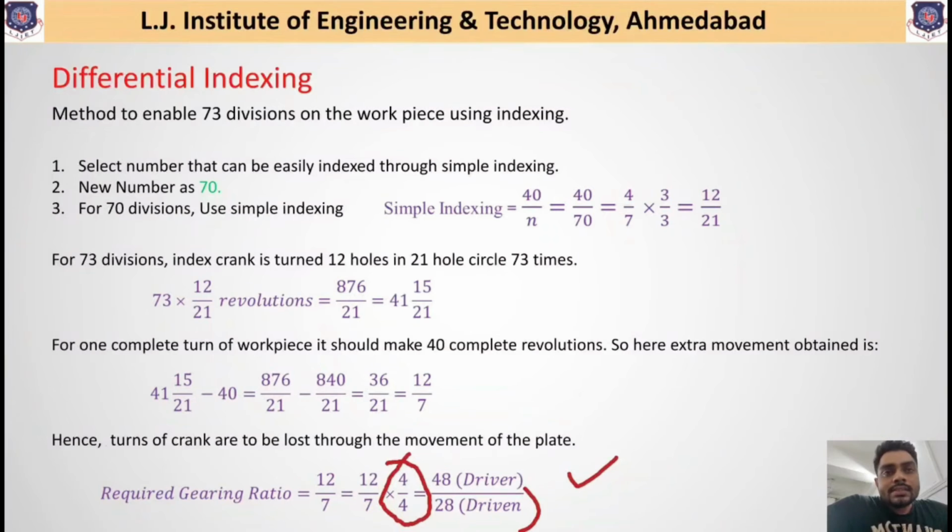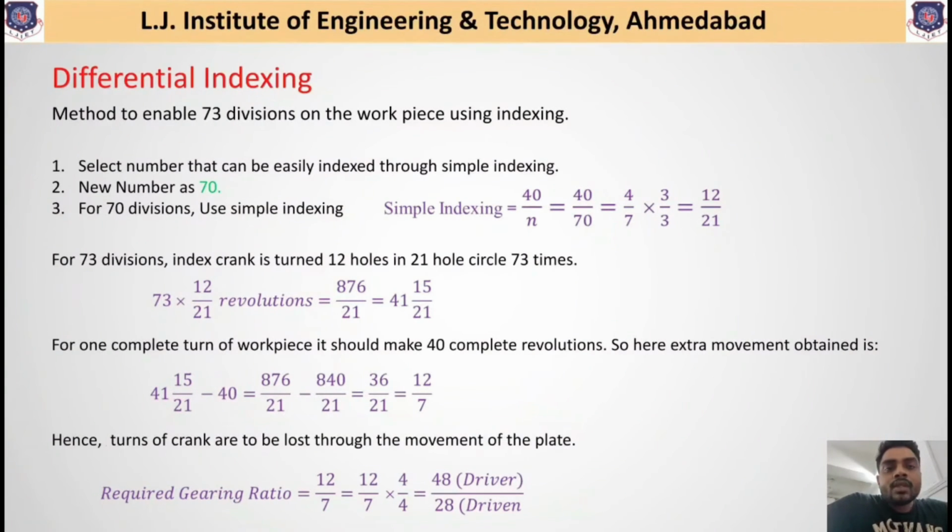So if we just summarize, in this case, first of all, to obtain this 73 number of divisions, the rotation given to the crank pin is 12 divided by 7. So this complete rotation needs to be provided, and if you convert this 12 divided by 7 into mixed fraction form, you will obtain 1 and 5 divided by 7.